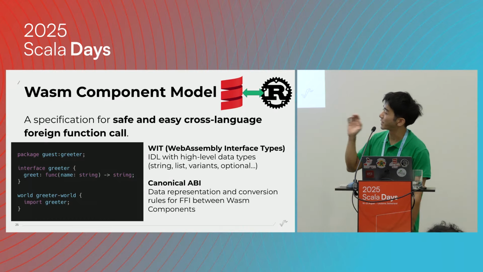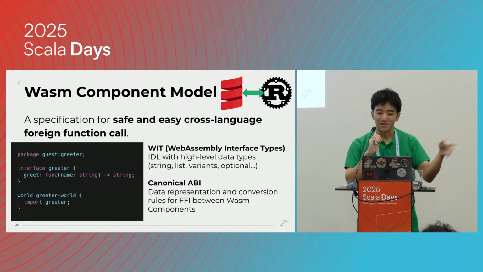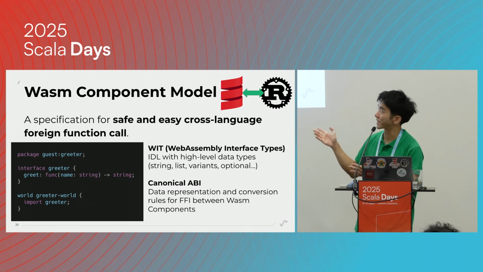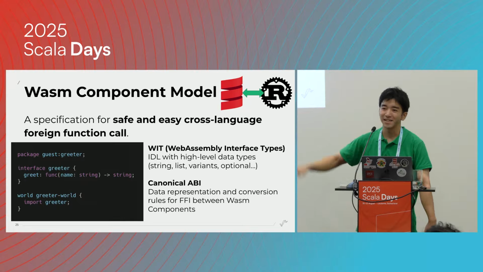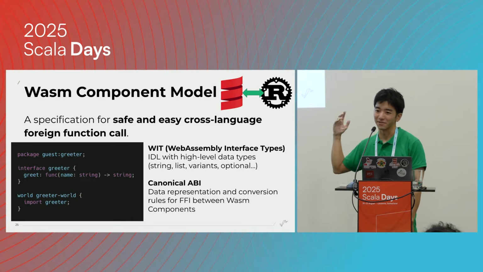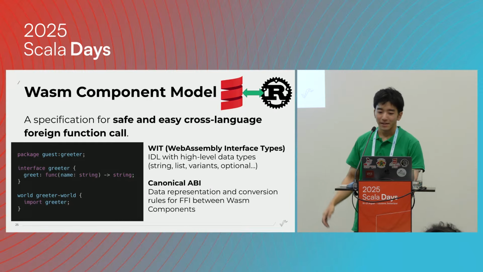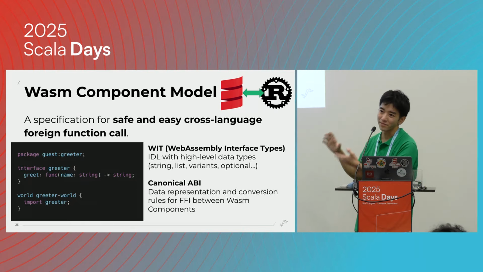And the canonical ABI is needed because WebAssembly doesn't have any of these high-level data types like string, list, or variants. There are only i32 or number types and reference types. So the canonical ABI defines how those high-level data types can be mapped to low-level core WebAssembly.